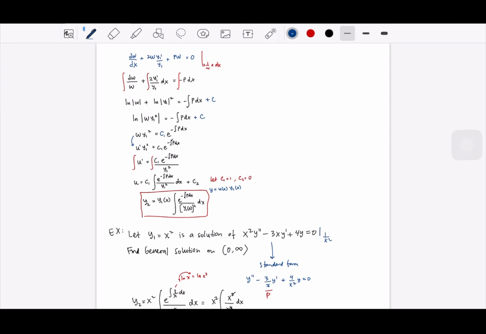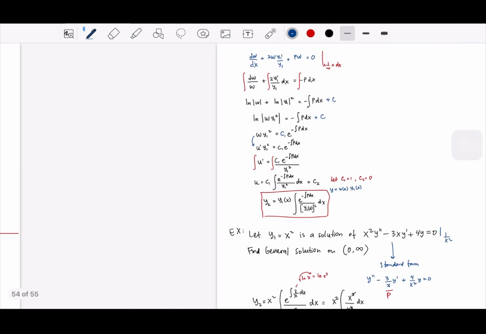Okay, good afternoon, everyone. Last week, I think we introduced what we call the reduction of order, the technique for higher order derivatives.